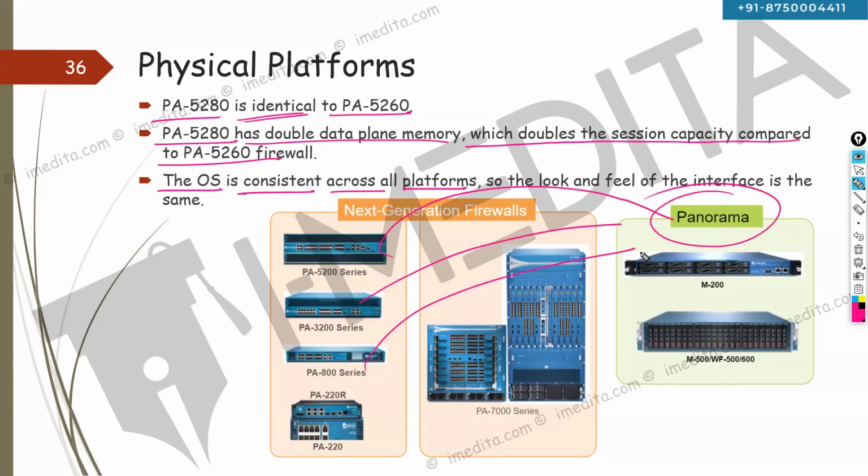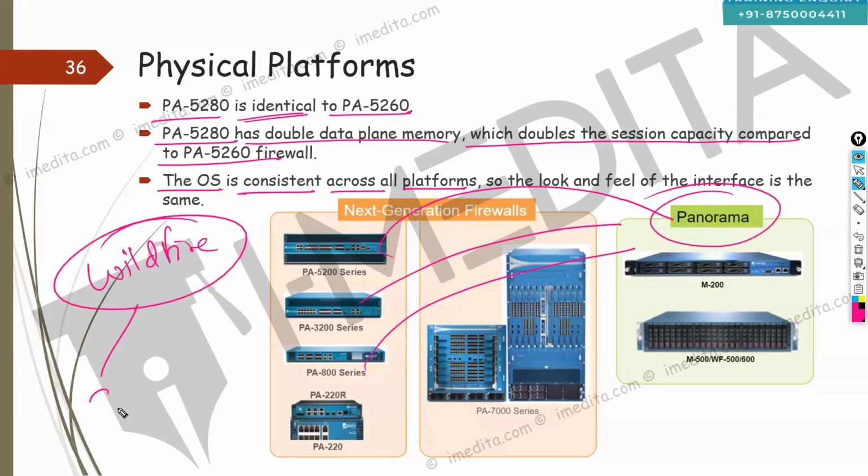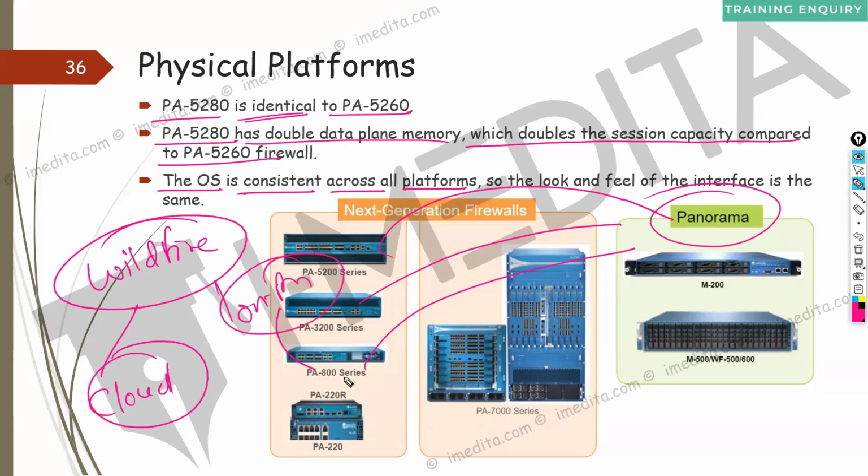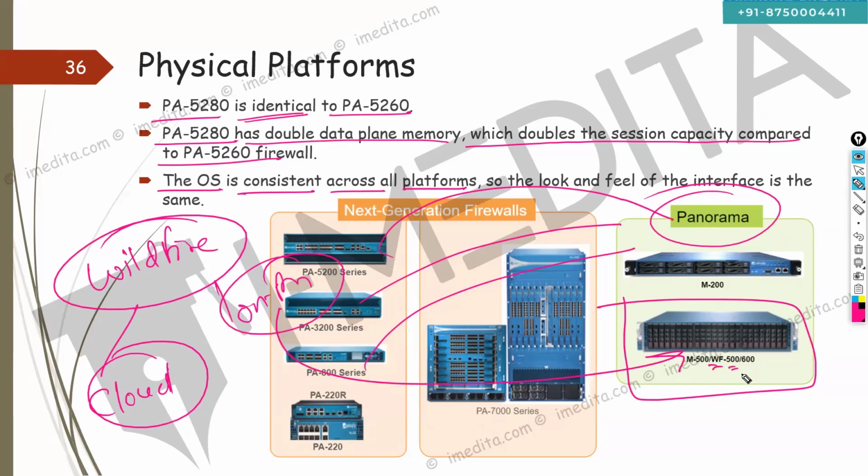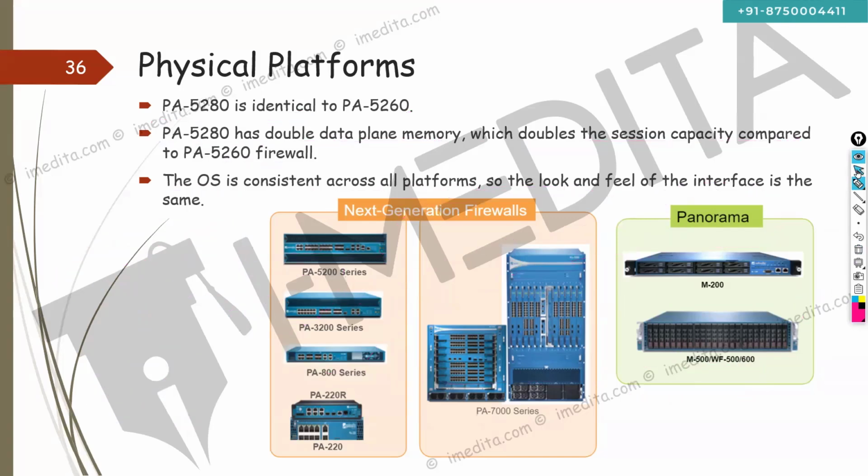Got it or not? Yesterday I told you that we use WildFire. You can use a cloud solution or an on-premise solution. On premises, you can deploy WildFire 500 and 600 series appliances. Got it? So these are just the product introduction.